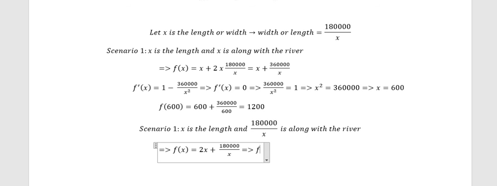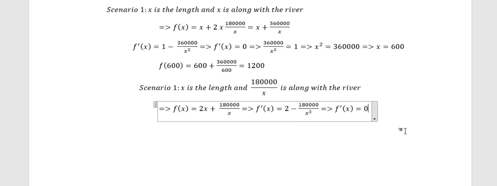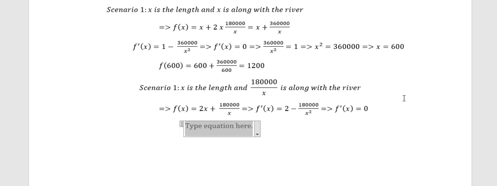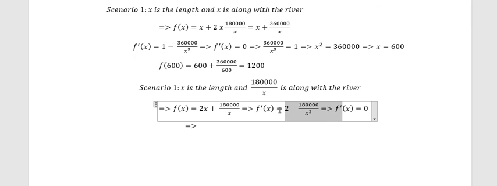Now we take the first derivative, which is 2 minus this number. We put the first derivative equal to 0, and this equals 0, so that we can find the minimum.